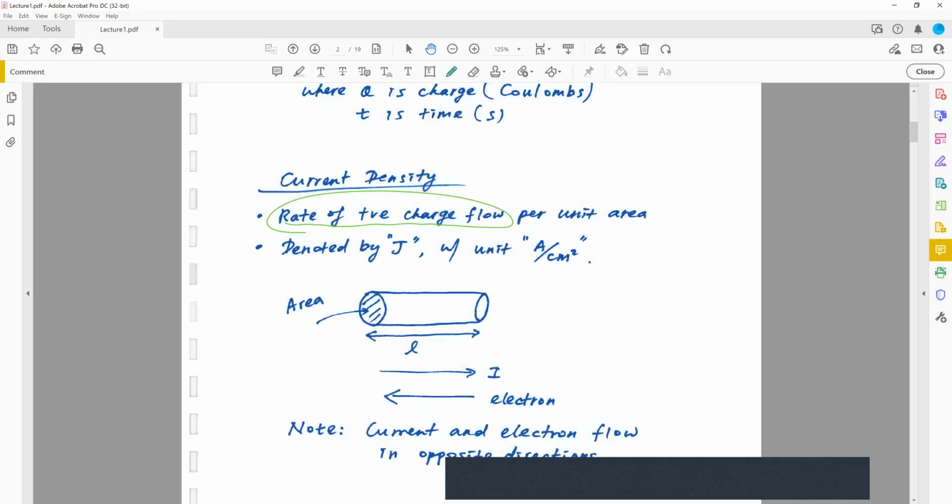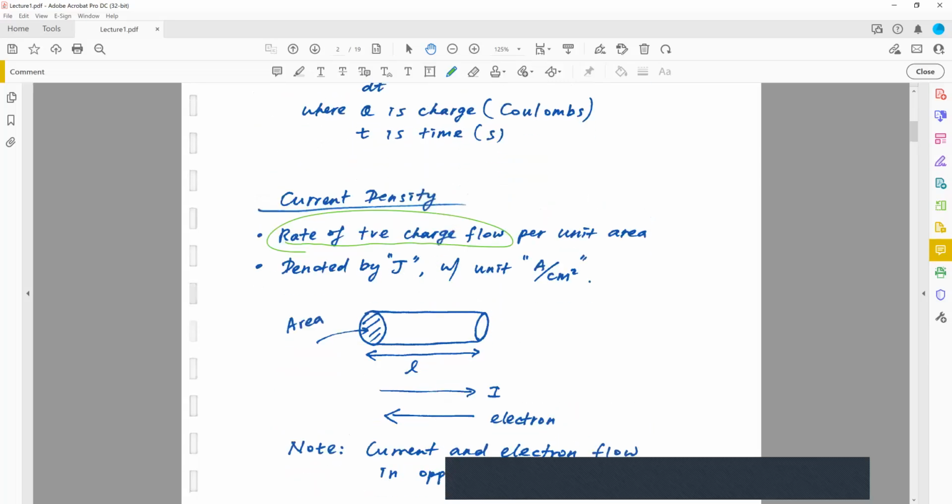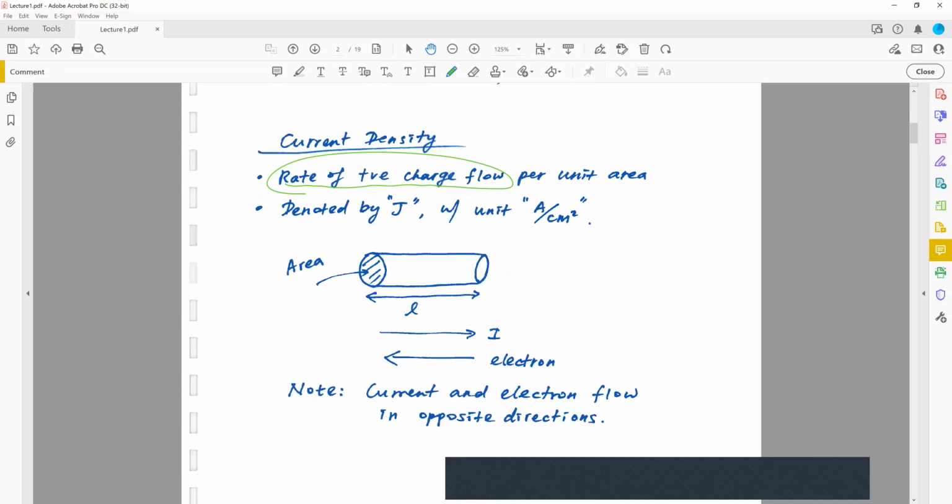So if the current is going from left to right, then the electron is going to go from right to left. Okay, so current and electron are always flowing in opposite directions. Right, and the reason? If you look at the current, the definition of current is this rate of positive charge flow. Positive charge, while the electron is negative charge. So one is positive and the other one is negative, so naturally they have to flow in opposite directions.